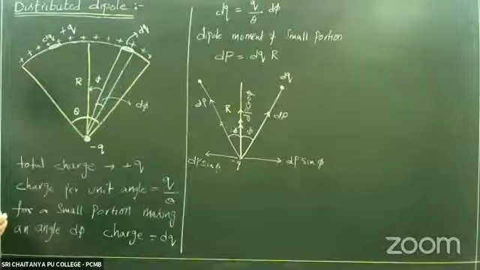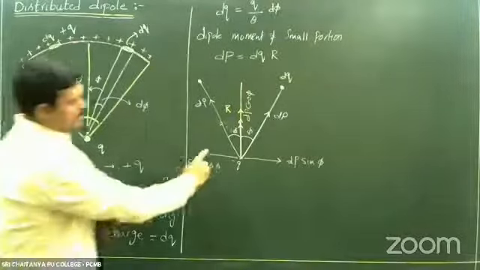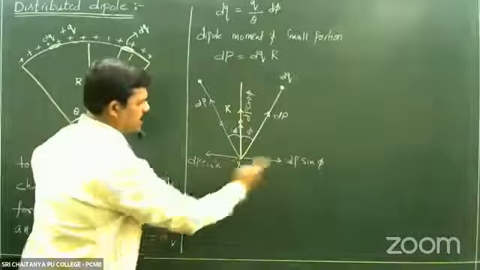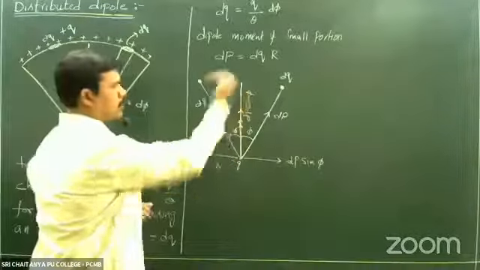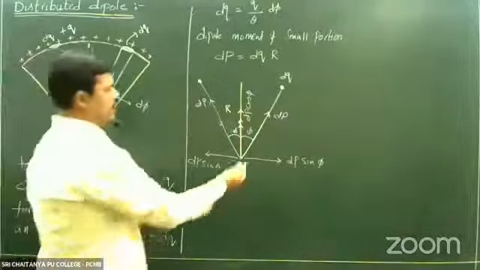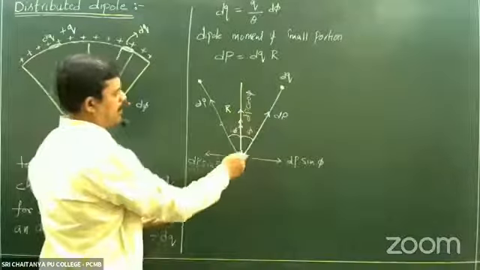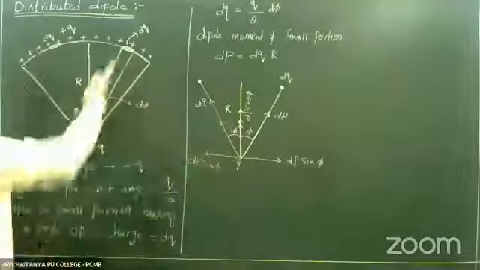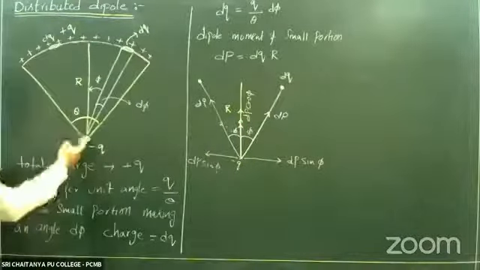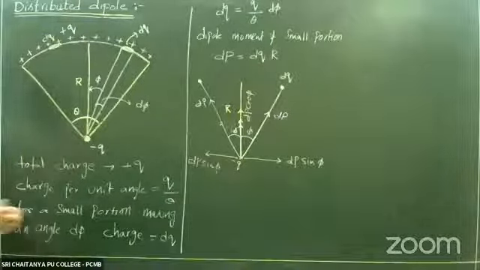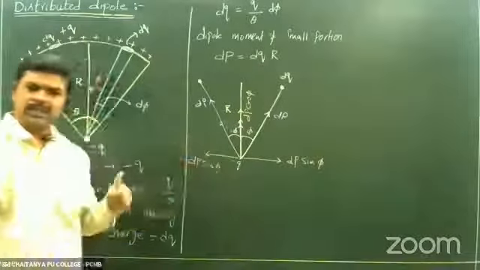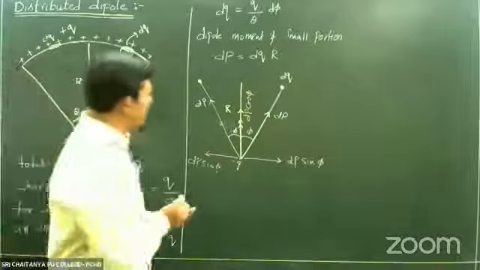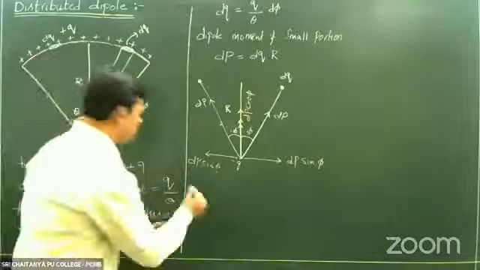What it clears you, for any small charge we select on this, which components are cancelling out? For symmetrical elements on either side, sine components are cancelled out, cos components add up, right? All cos components come along this direction, all symmetrical. For this, in this direction, sine component. They cancel out with each other, right?